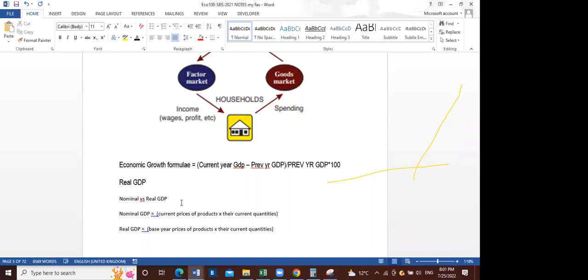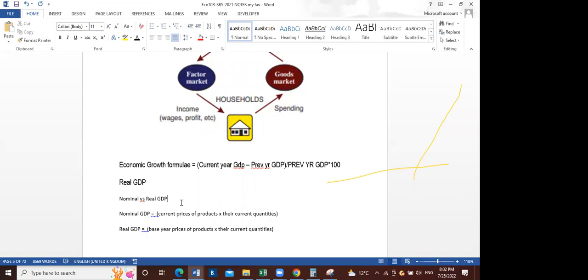But we understand that prices also do not remain constant over a period of time, especially nowadays. We understand that there is inflation and all these other things within our economy. With inflation, the prices are increasing gradually or at a sustained rate. We're going to be talking about inflation later on.